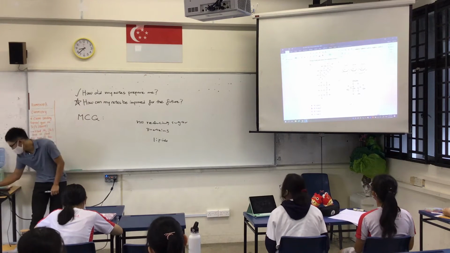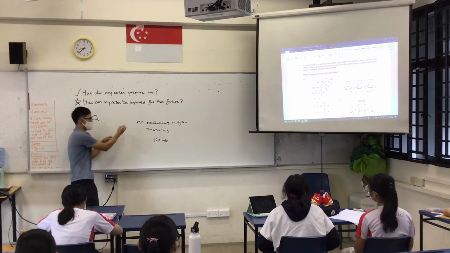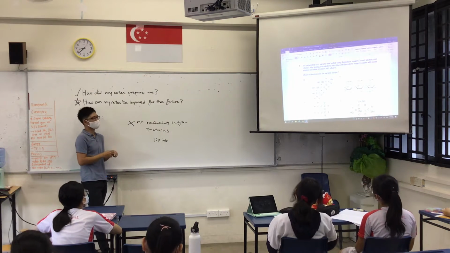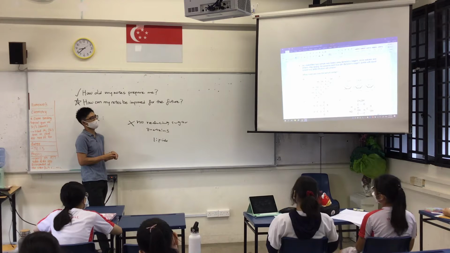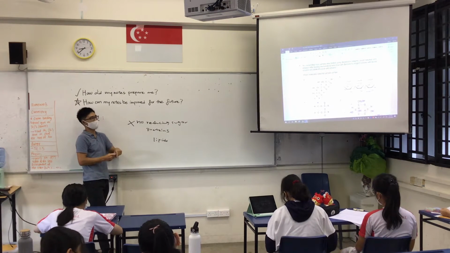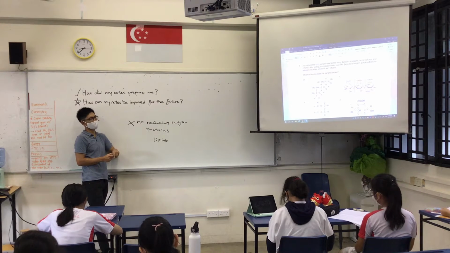Okay, sorry. No sugar. Right, so there's no sugar. Okay, if there's no sugar, then we should be choosing the one that is a carbohydrate, which is X. So it is W, X, Y.